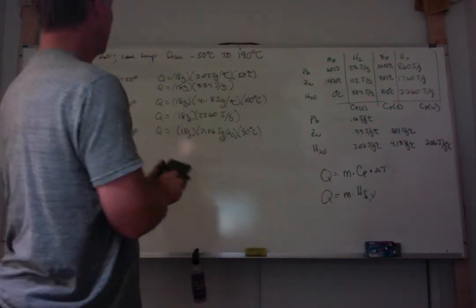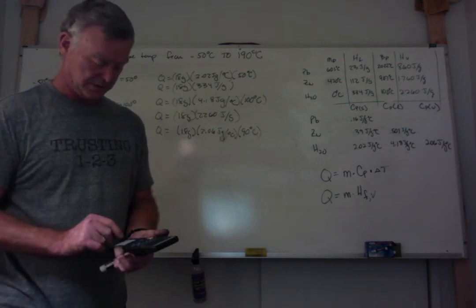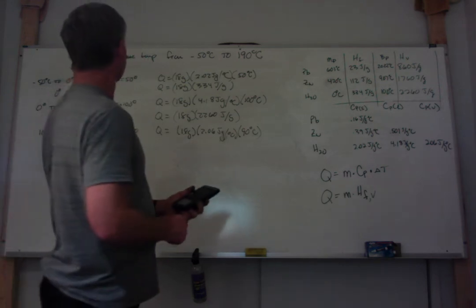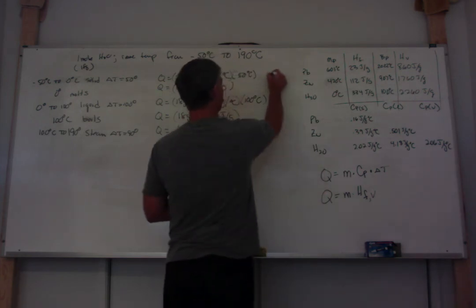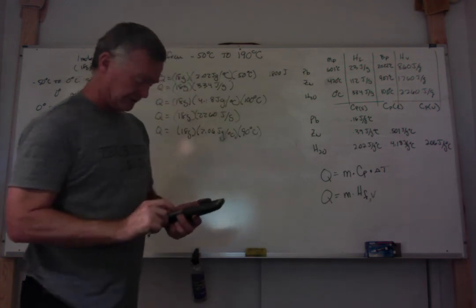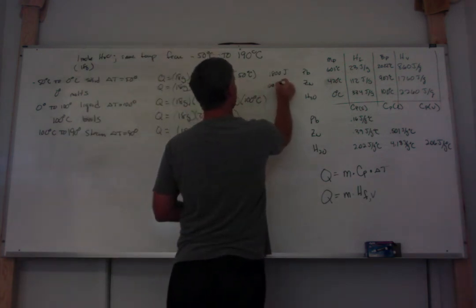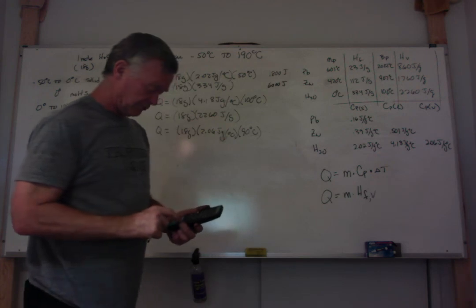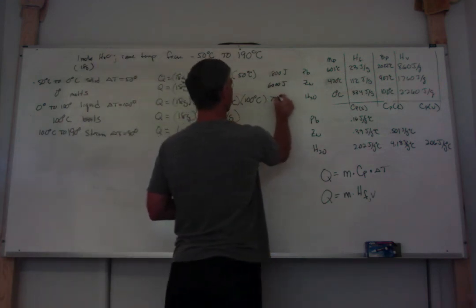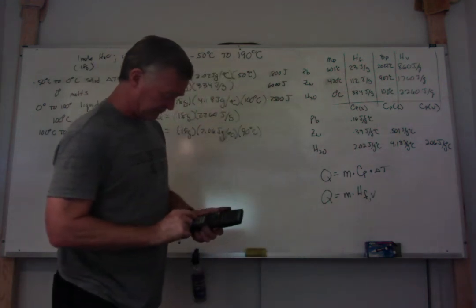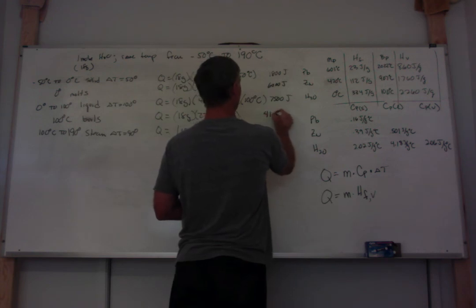So, real quick, 18 times 2.02 times 50. And this is, I'm going to round it off, 1,800 joules. 18 times 334 is 6,000 joules. 18 times 4.18 times 100 is 7,500 joules. 18 times 2,260 is 41,000 joules.